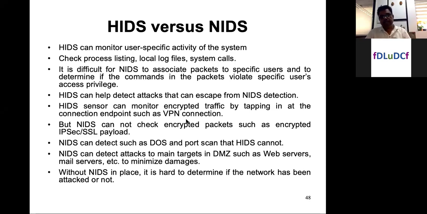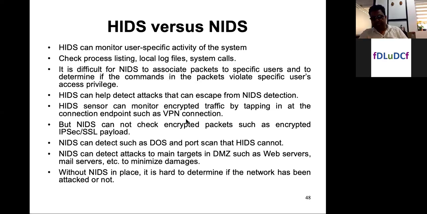Anyway, back to this NIDS. NIDS cannot do anything if the traffic is encrypted. Obviously, some NIDS take decisions based on traffic patterns, traffic volumes, and so on, but the content is invisible. In the case of HIDS, it is visible because the encrypted traffic gets decrypted when it reaches the endpoint.